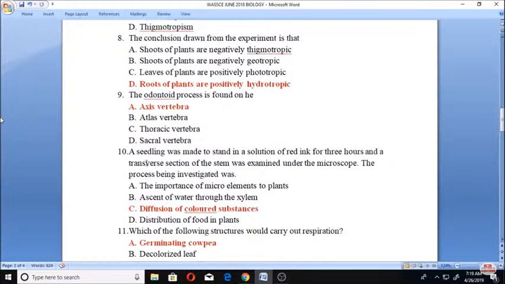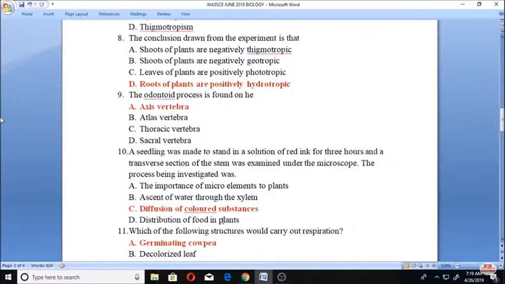Now number 10, a seedling was made to stand in a solution of red ink for 3 hours, and the transverse section of the stem was examined under a microscope. The process being investigated was: A, the importance of micro elements in plants, B, ascent of water through the xylem, C, diffusion of colored substances, D, distribution of food elements.